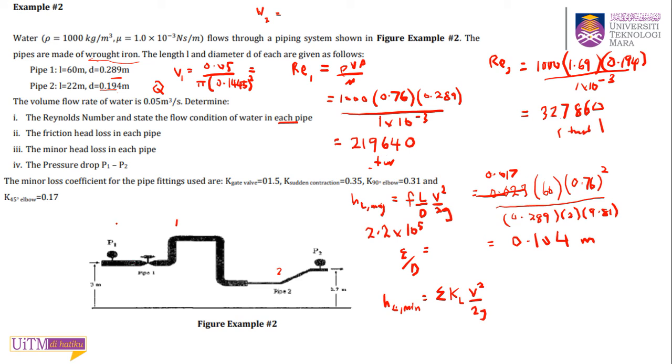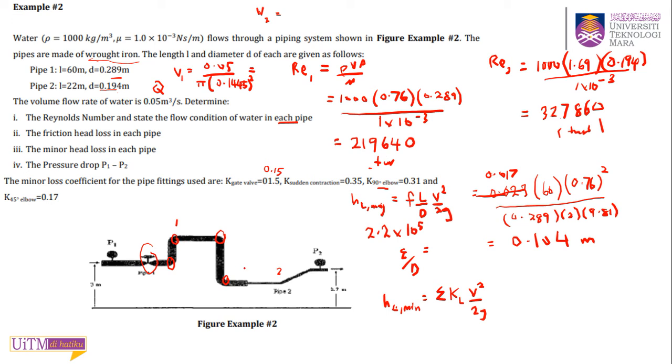So for pipe 1, you have one valve. Use this one, 0.15, it was a typo. You have one loss coefficient for the valve, and you have elbows: one, two, three, four elbows for pipe 1.